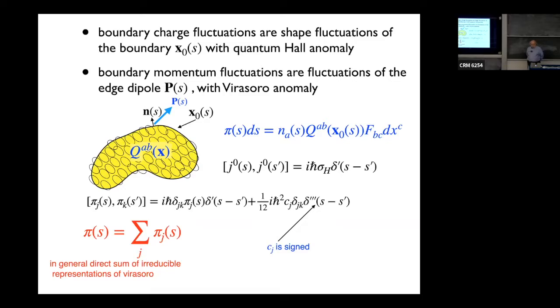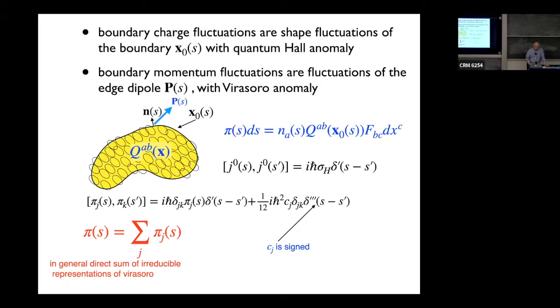If Q is spatially varying, there's an effective dipole density or polarization of one derivative of Q, and then an effective charge density of the double derivative of Q. When you integrate the double derivative of Q, it doesn't contribute anything to the edge charge, but the single derivative integrates and does contribute to the edge dipole. So there are these two fields which have anomalies, two anomalies at the edge.